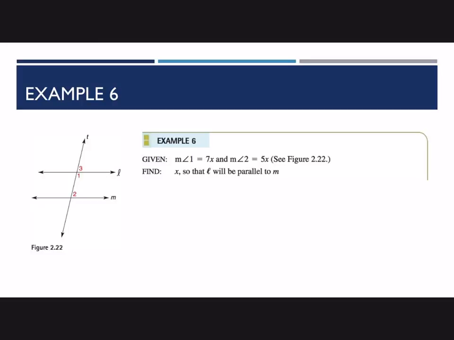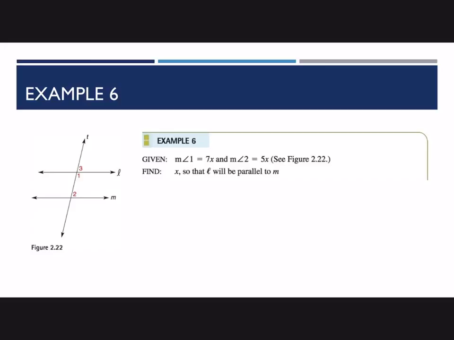All right, and then there are also some examples in this section and some exercises just asking you to find sufficient conditions to show that the lines are parallel. So it's not a proof, but we are determining what measures the angles would have to be to make these lines parallel.